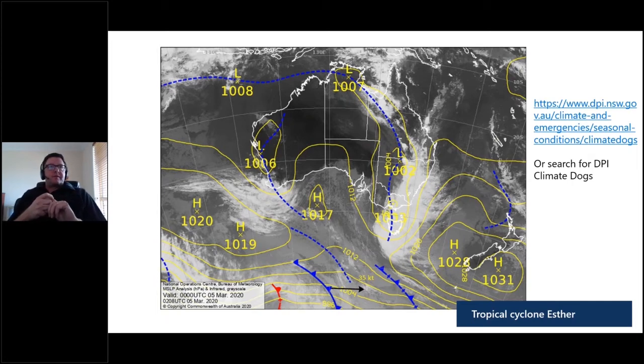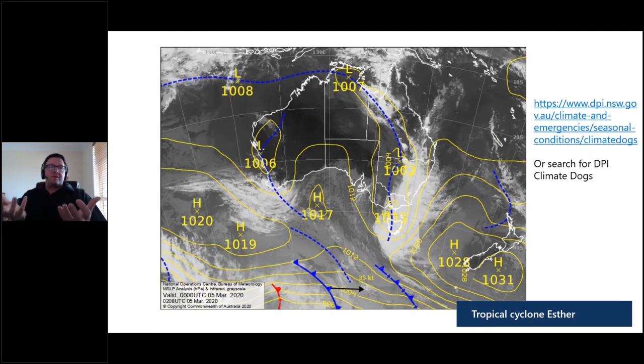Those two processes broke down, and a lot of the major climate drivers were inactive around February, March, April this year, and it's led to local synoptic patterns really driving the outcomes on the ground.